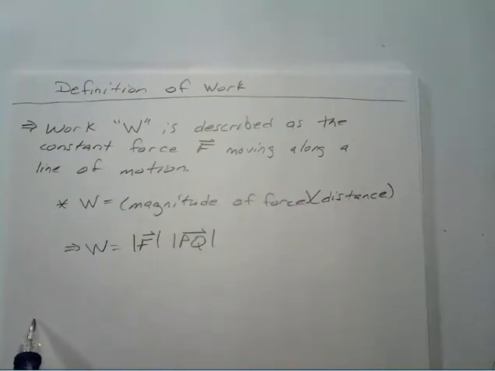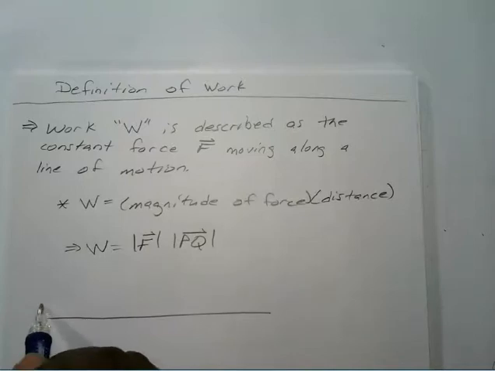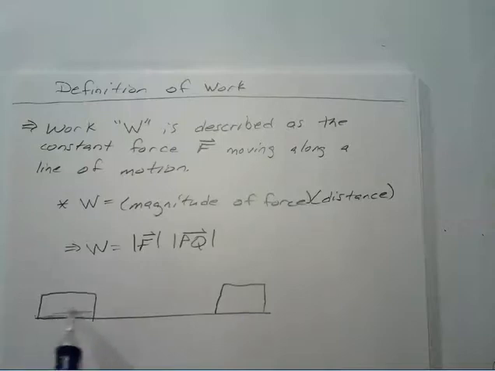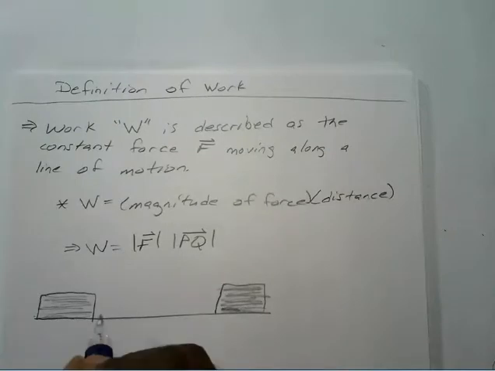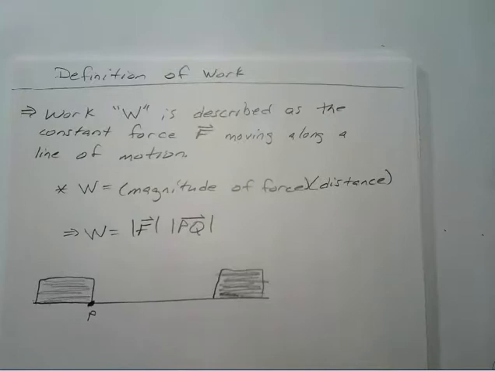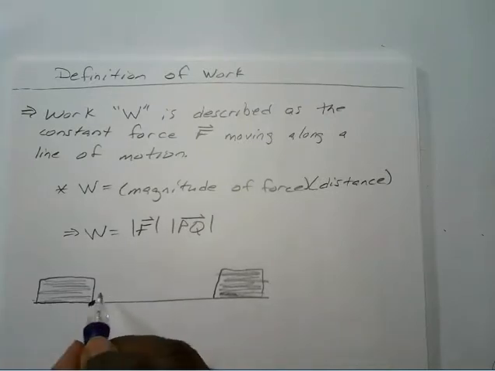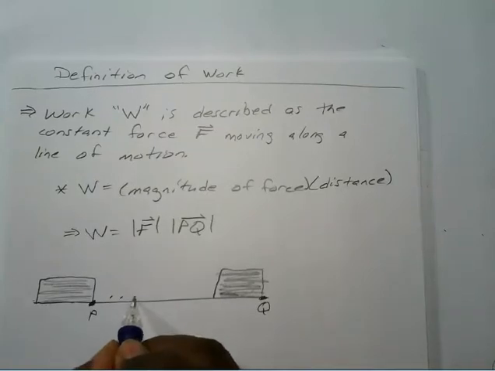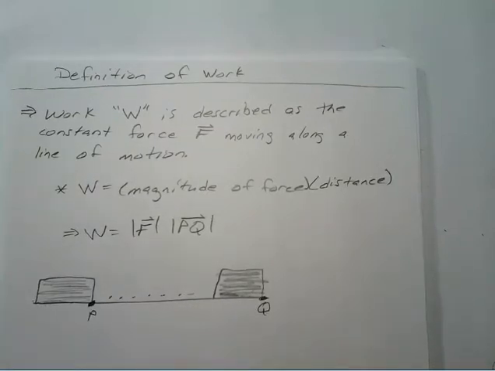Okay, so if we wanted to draw this out, we have two objects here. Let's say we have some point P. We wanted to drag this to some point Q. So this is just moving all the way there.